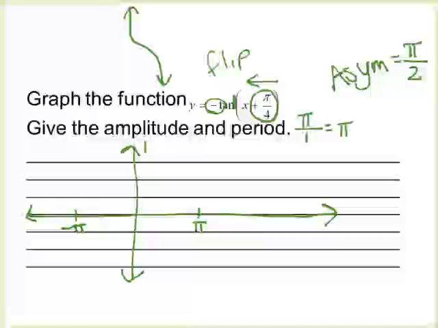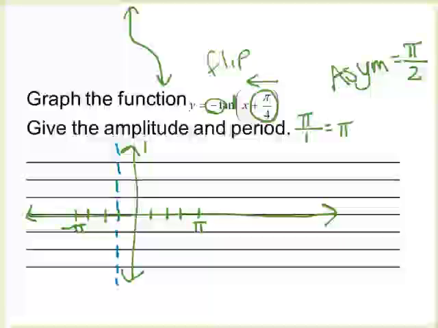So this graph is supposed to shift to the left pi over 4, or a fourth of pi. So I need to divide these pi's into 4 pieces. And I'm going to move backwards to the left one of those pieces.